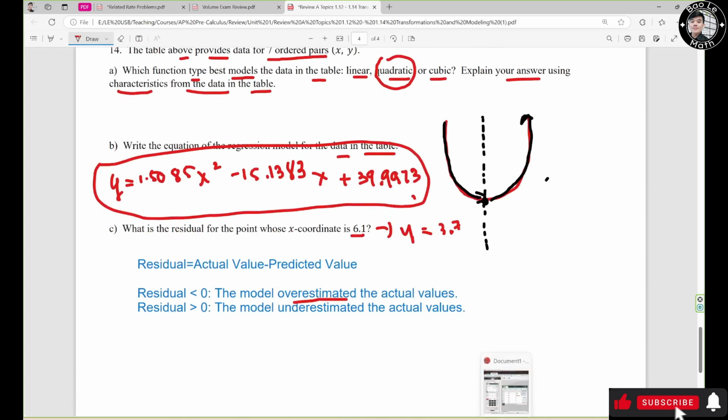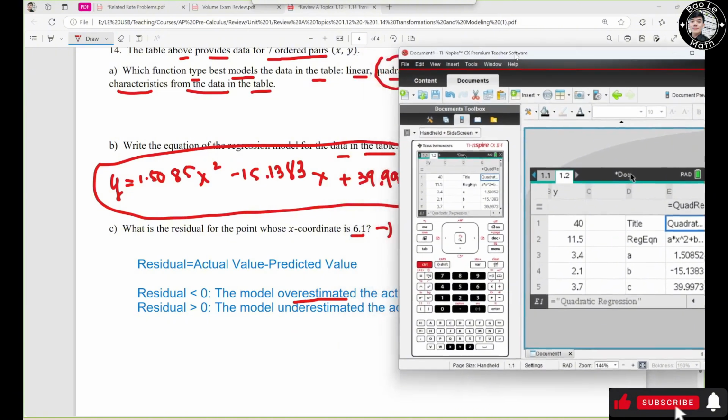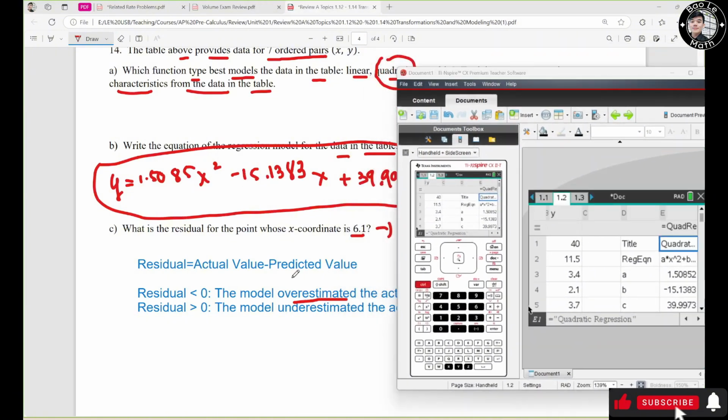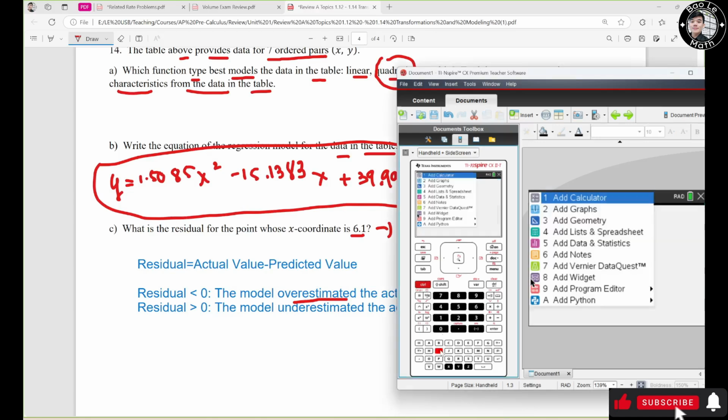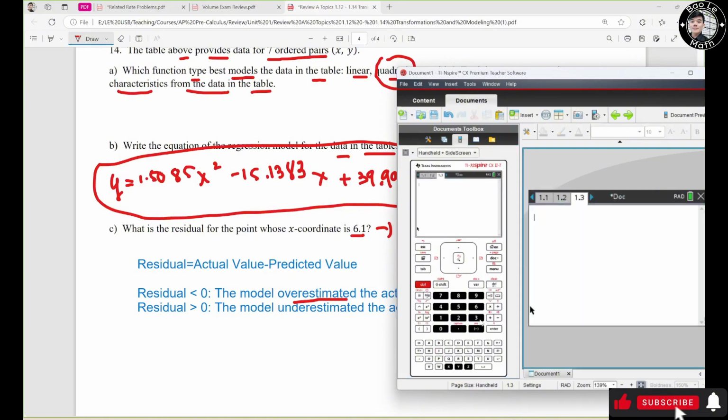Now we're going to use the calculator to calculate this one, right? We need to use this model to predict the value of y when x equals 6.1, right? So previously we have the equation right here and we saved our equation under F1, right? Now we just hit Control I and add a calculator right here and we type F1, parentheses, 6.1, and then hit enter. It's going to be 3.7855.